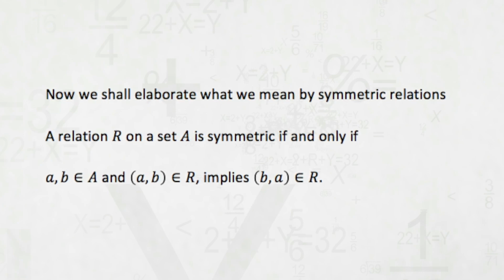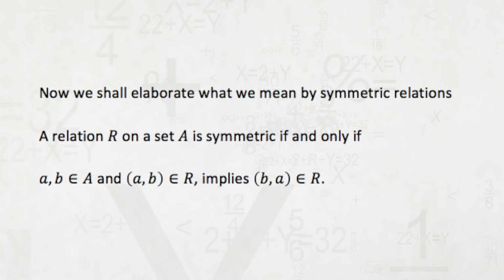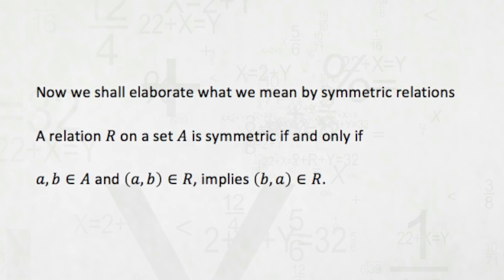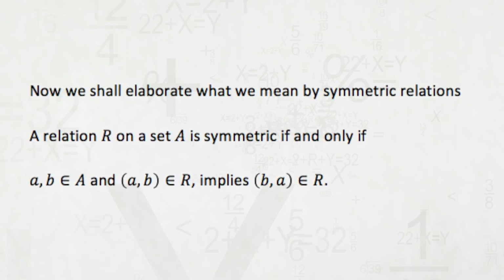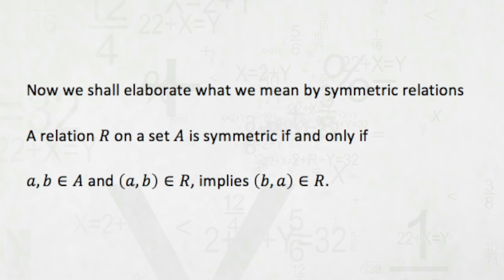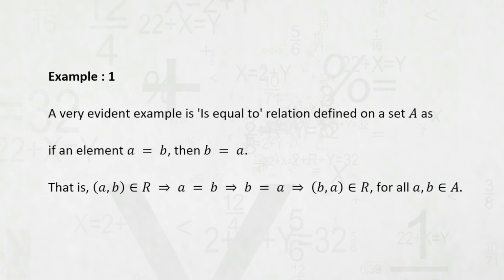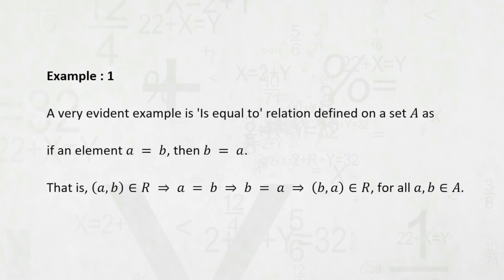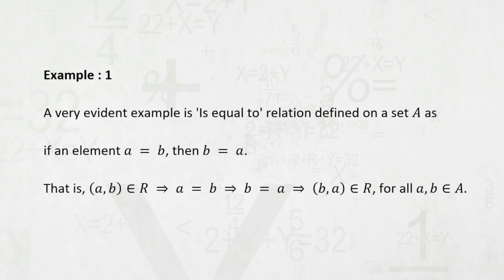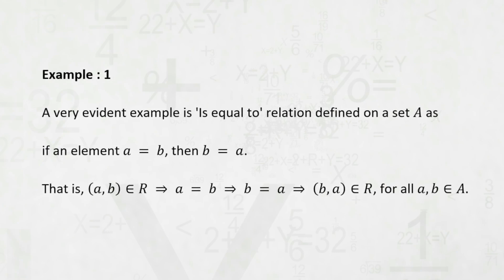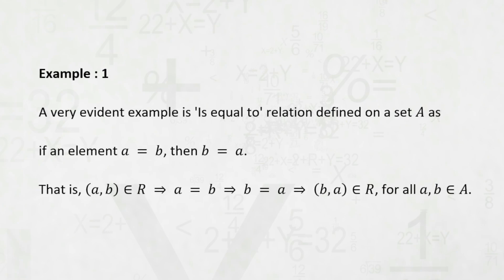Now we shall elaborate what we mean by symmetric relations. A relation R on a set A is symmetric if and only if a and b belong to A and the ordered pair (a, b) belongs to R implies the ordered pair (b, a) belongs to R. Example, a very evident example is the equal to relation defined on a set A as: if an element a is equal to b, then b is equal to a.